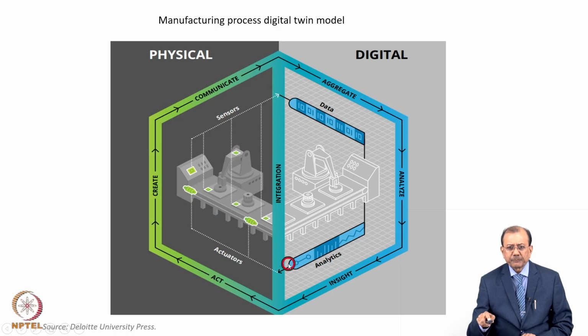It is captured and communicated to the computer system, which will function as a digital twin. All data will come over here, and the computer system has various other facilities like analysis and many others, which we are going to study now.